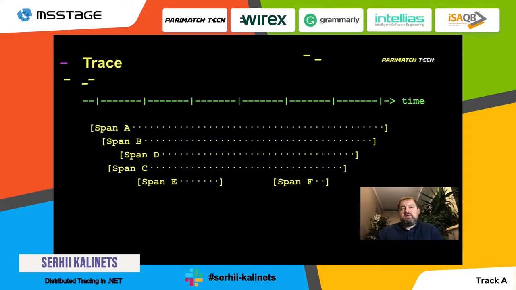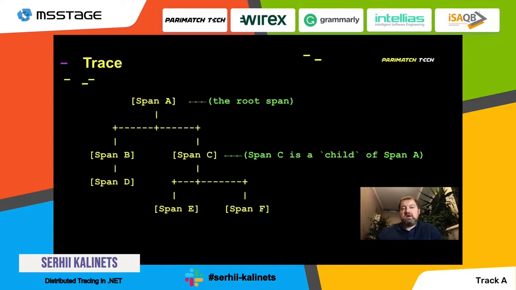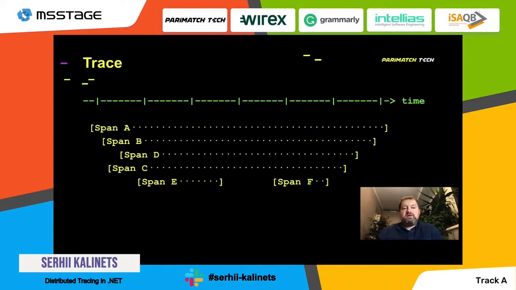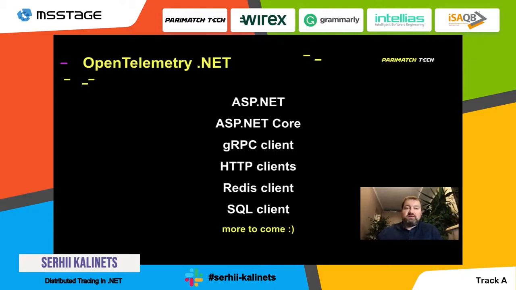We can see that span A is the longest one because it includes the lifetime of all subsequent spans, and we can see that span A contains span B and span C as children, and then span B produces span D and span C produces span E and span F. Both are its children. And distributed tracing tools provide the UI for visualizing the traces.